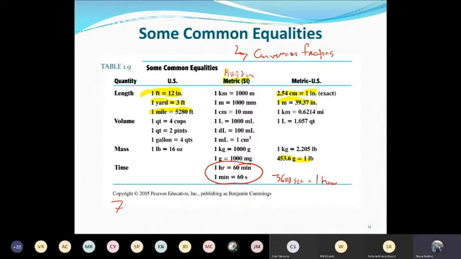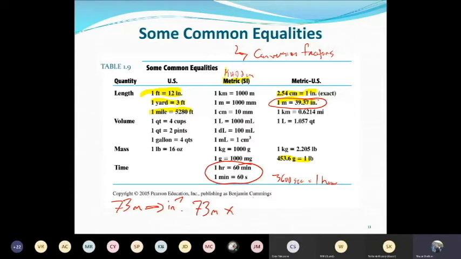All right. So earlier we had 73 meters. How many inches would that be? You're definitely going to have to have your calculators for this. So when I set this up, I'm going to have 73 meters times the conversion factor that I would want to use, this one here.